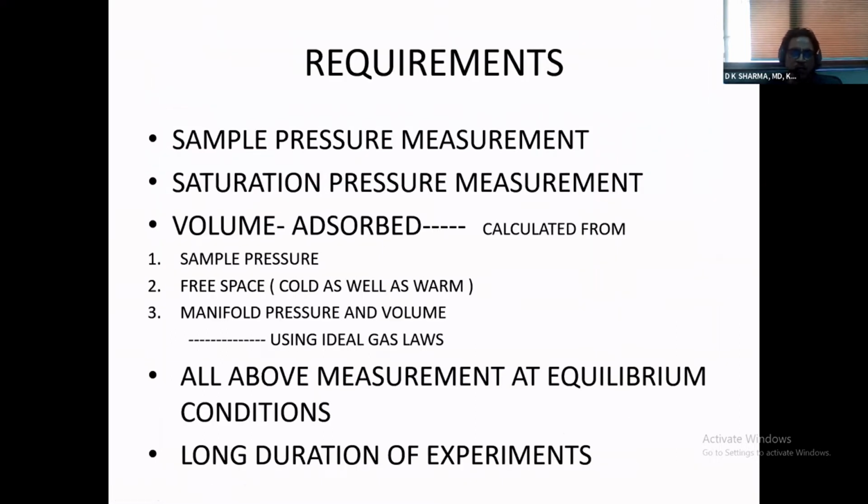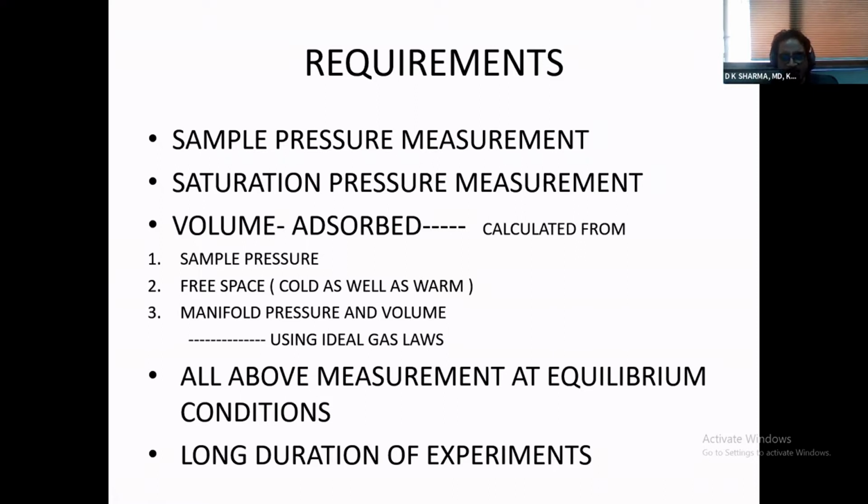Now, what do we require to make an isotherm? You need a sample pressure measurement. You need a saturation pressure measurement, because we need to normalize the pressures. And then we will calculate volume adsorbed from these points: sample pressure, free space, and manifold pressure and volume. The manifold is nothing but a small space above the sample tube, which collects the gas from the cylinders or whatever the source is before it starts dosing onto the sample.